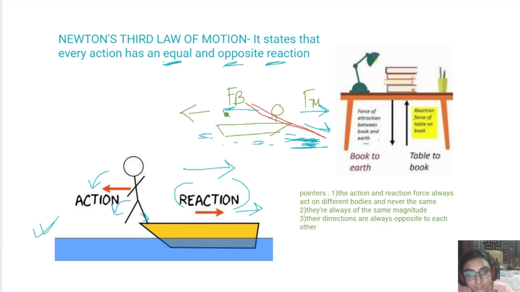That is the whole basis of boating, right? So it means Fm is equal to Fb, but the magnitudes are the same, the direction is not the same, right? So if I remove the mod, it will basically be: force exerted by the man is opposite of the force exerted by the boat.